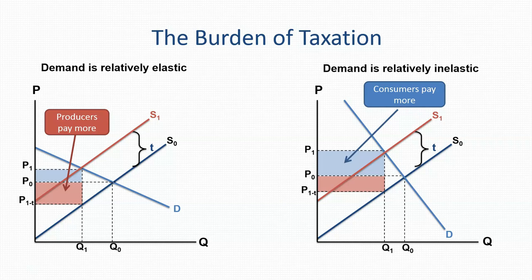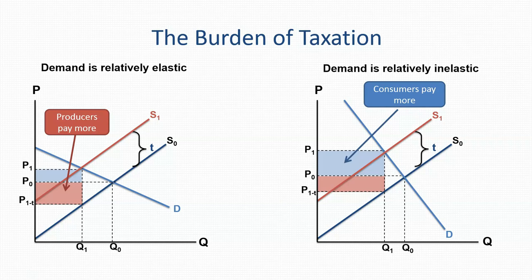And you can think of this as if prices go up because suppliers raise the price because ultimately the government imposed this tax, then demanders are relatively responsive to that. They can get out of the markets and stop buying this thing, which means suppliers aren't going to be able to raise the price by very much, which means ultimately that suppliers or producers are going to end up paying the bulk of this tax.